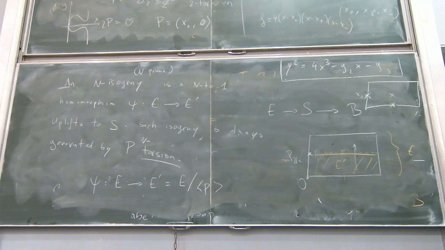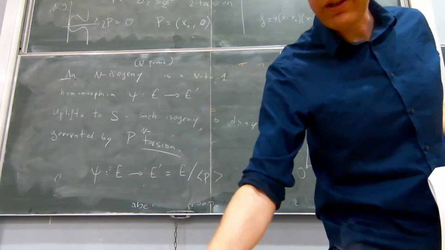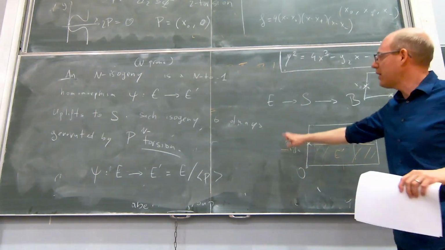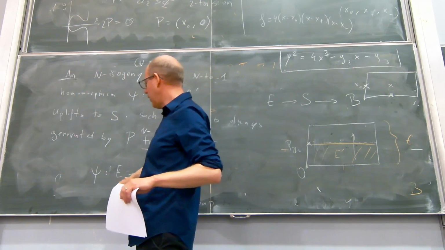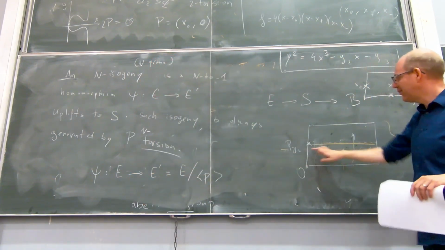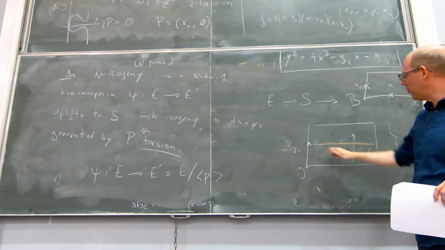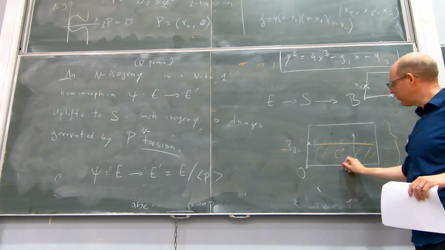Okay, and the last piece of things that is useful is that whenever there is an isogeny, that means I added an n-torsion section. In the new curve, there must exist a dual isogeny. So in my example, the new curve will have a dual isogeny, generated by a section which is here.